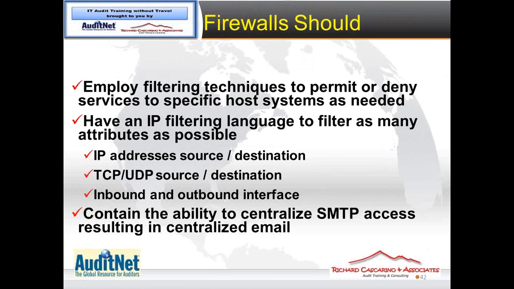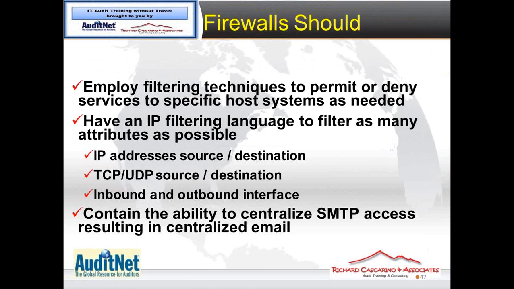Look at TCP or UDP source and destination, address both the inbound and the outbound interface, and contain the ability to centralize access via SMTP, which means that emails will be centralized within the organization.